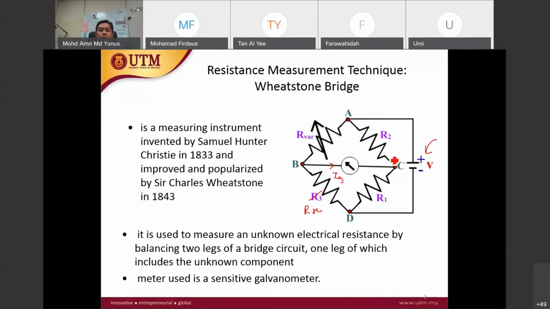When we turn on the circuit and the bridge is not in balance, Ig is not equal to 0 ampere.